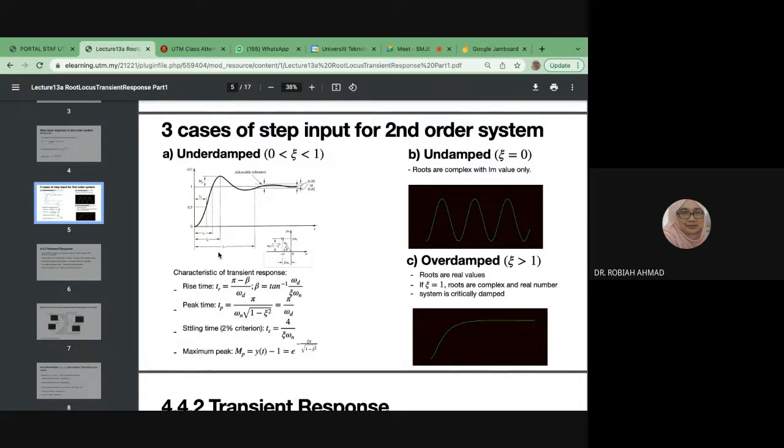What about tau, time response? Bila time response, ingat tak berapa persen of the final value is called time response, class? Tau. Oh, korang ni tak habis satu semester lagi dah lupa kan?